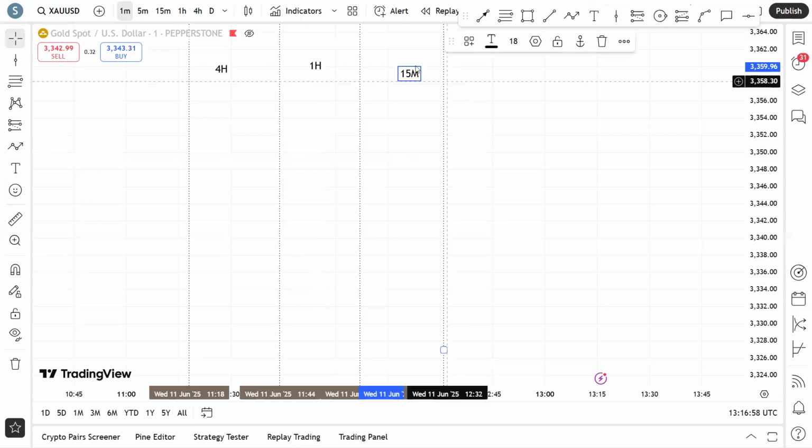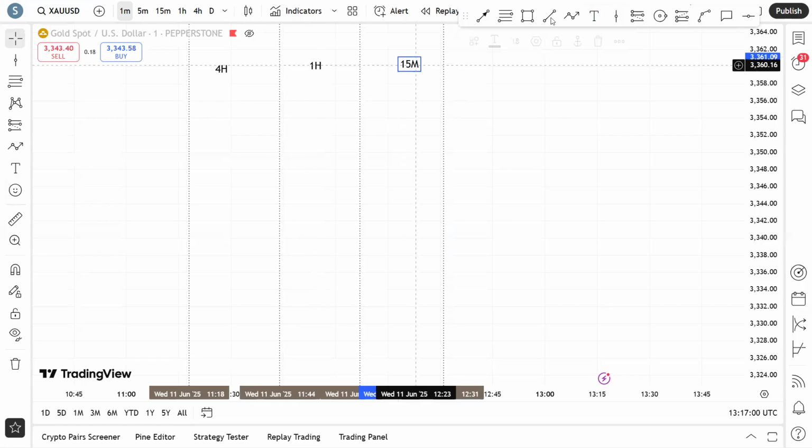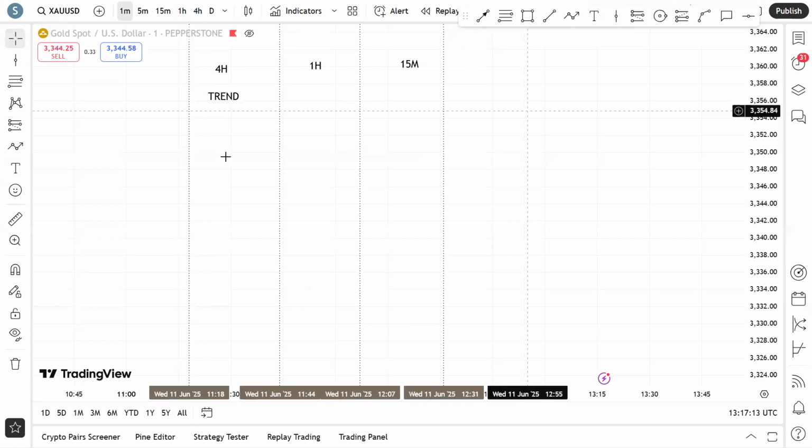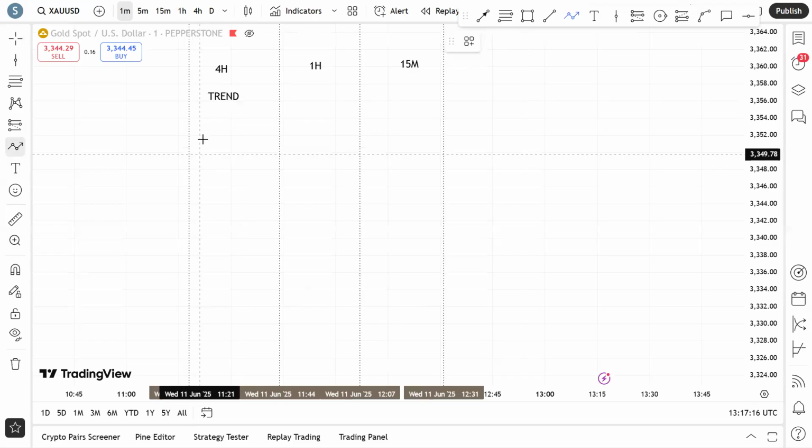Remember what I said. Here you're going to look for trend, whether the market is going up or down. Whether the market is going up like this.